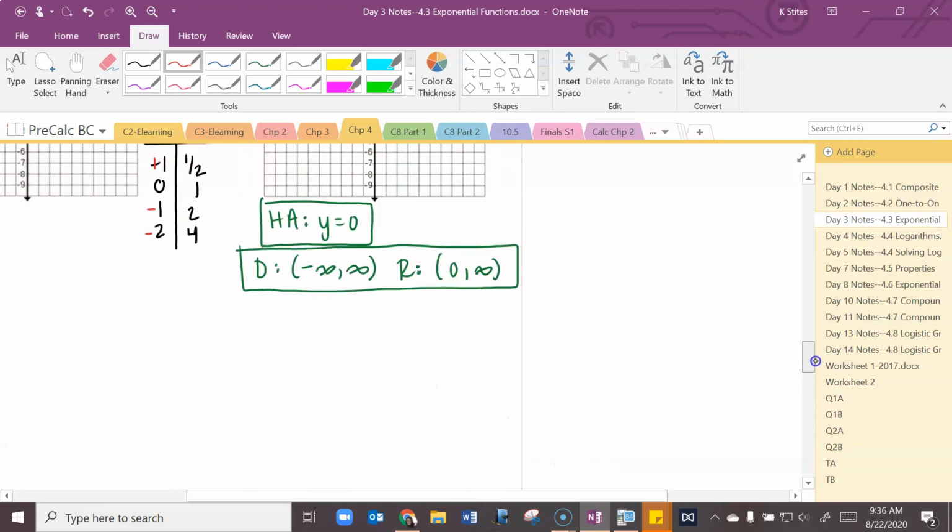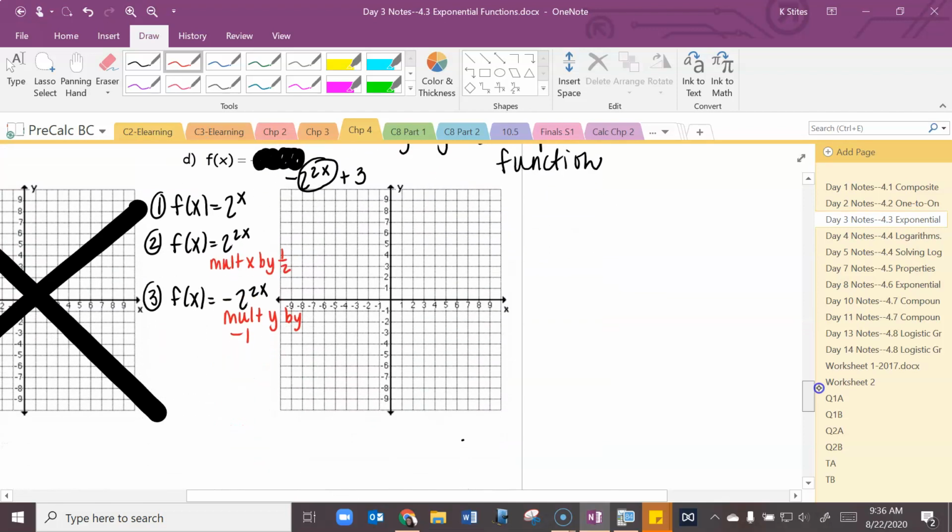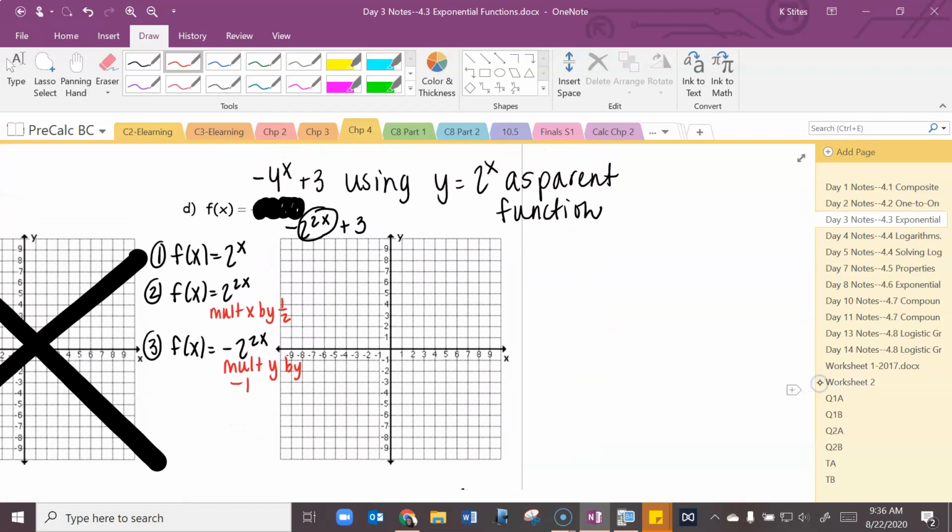That's multiplying y by negative 1, whereas our last problem, the negative was with the x. That was multiplying x by negative 1. All right, and then finally the plus 3, which we know from transformations means we're going to move up 3. This also means that our horizontal asymptote will be in a different location this time.